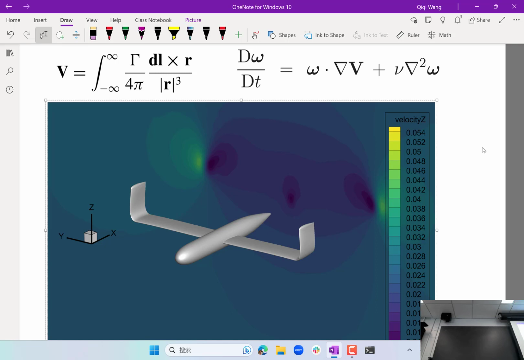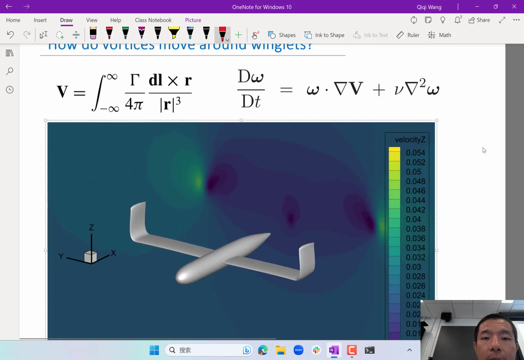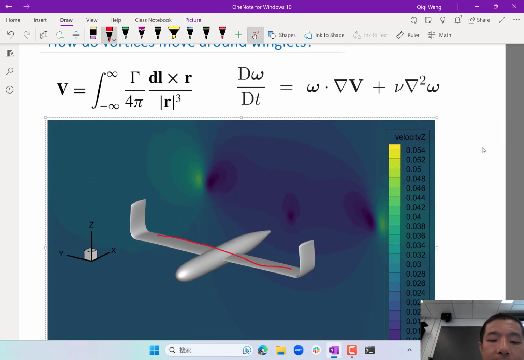So basically, if you draw the vortex, you get a strong vortex, let's say gamma over here, and you get a weaker vortex, let's say gamma prime over here, and gamma prime over here. And the flow induced by these vortices on the winglet would induce a flow field that's not going down but going outboard, right?